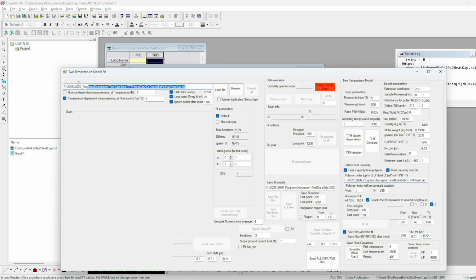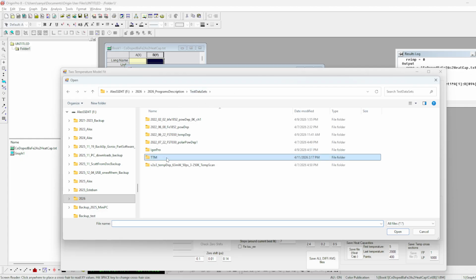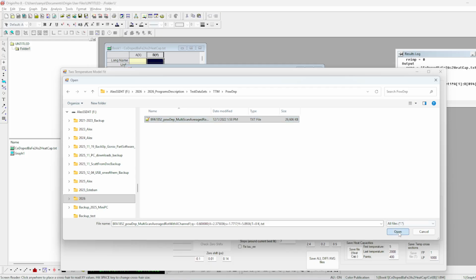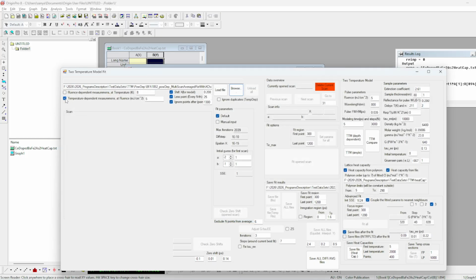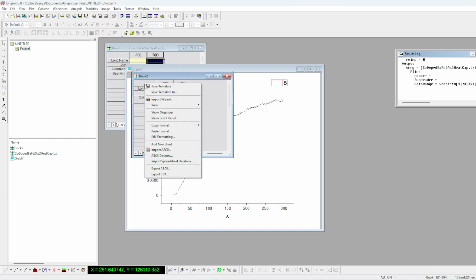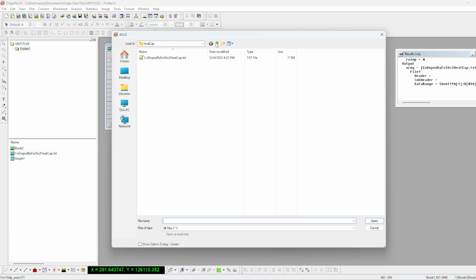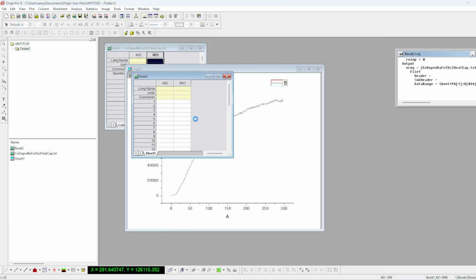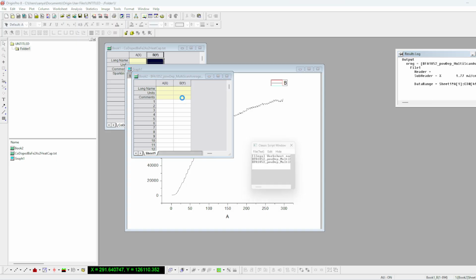And then of course I need the data file. For example, here I have a power dependent measurement set, and it will be fluence dependent. For the two temperature model, you cannot use power in milliwatts, it has to be fluence. My file here is already prepared from the nematicity program. This was channel 1.